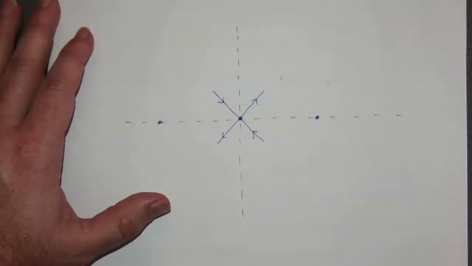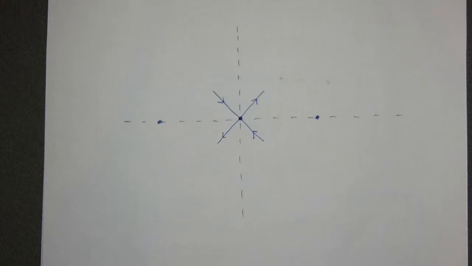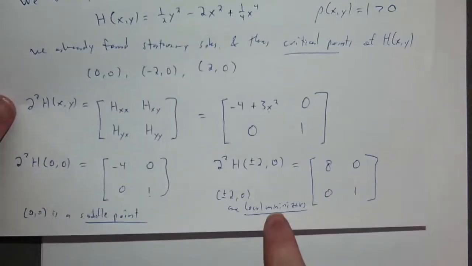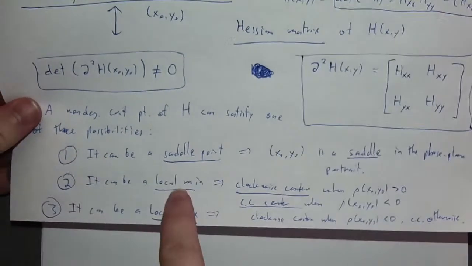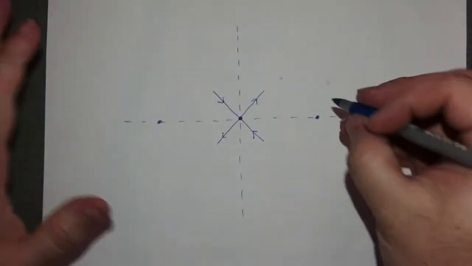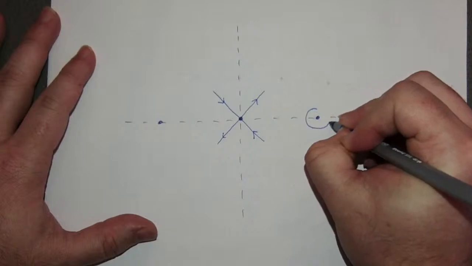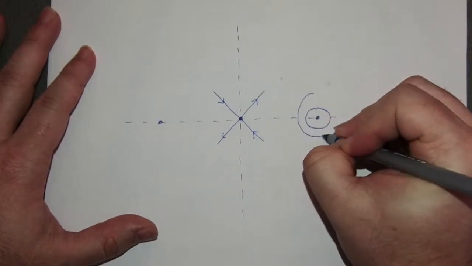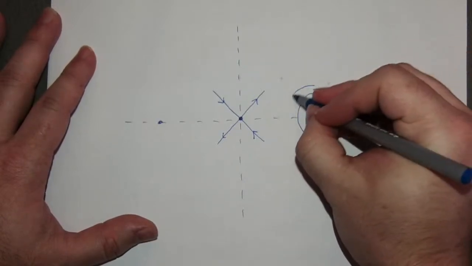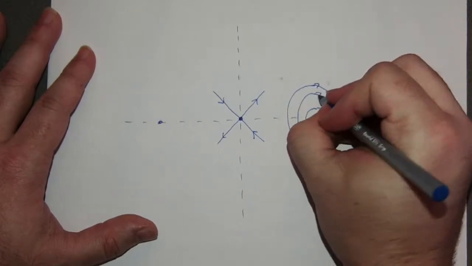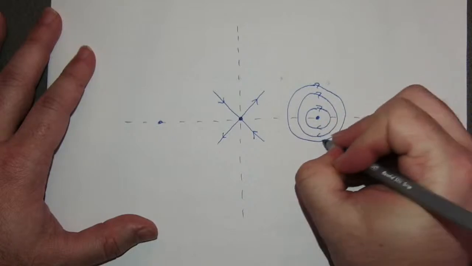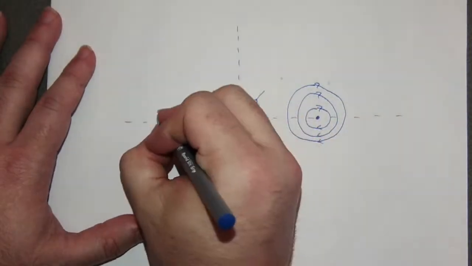These should be clockwise centers because both of them are local minimizers. Rho is 1, which is always positive, and a local minimizer is a clockwise center when rho is positive. Of course, I'm drawing them counterclockwise. That's pretty funny. But these are clockwise centers. Same thing over here.